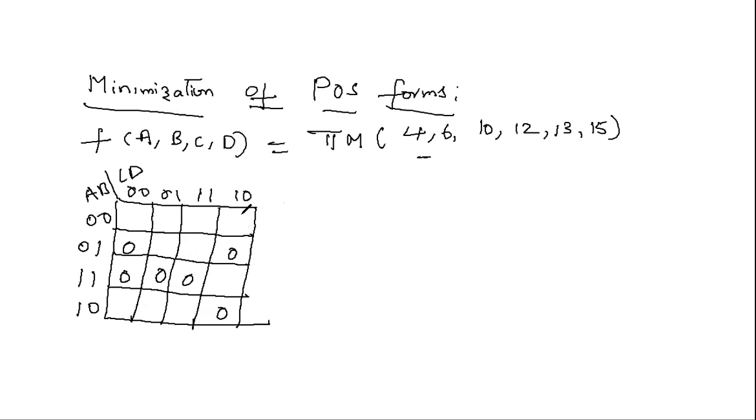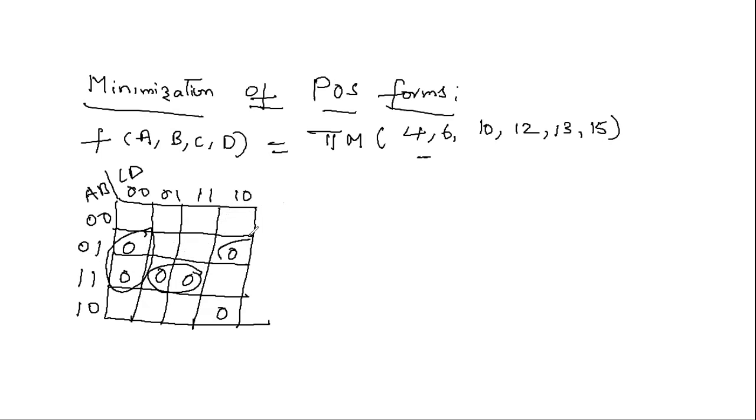So how do you do the grouping? Instead of ones, you will be writing zeros. That is the difference between SOP and POS. While writing the simplified answer, there is a little change that I want to show you. The grouping will be the same as you did with the SOP form. You can group this way, and this way.